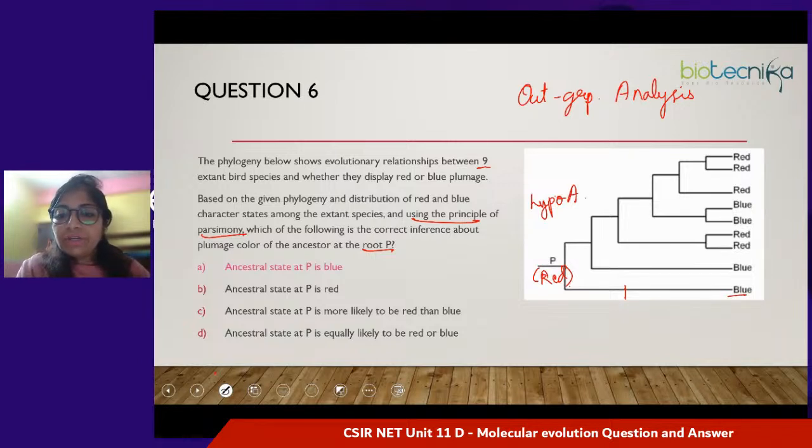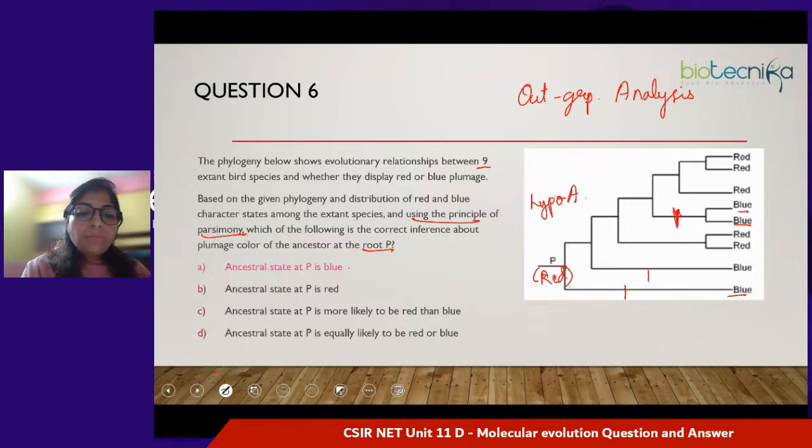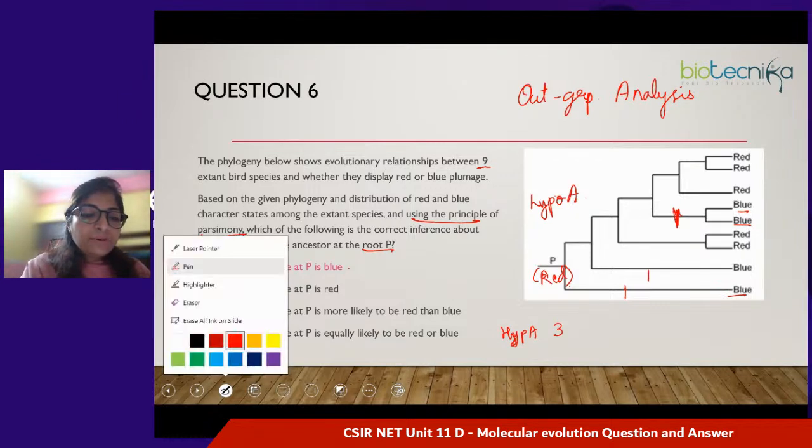Again, one evolutionary event has to happen here, which makes it blue. Now this side is continuing red, so there is no evolution here. Then one more, since they both have blue, it is very possible that they got it from their common ancestor. So how many evolutionary events are required here? Three.